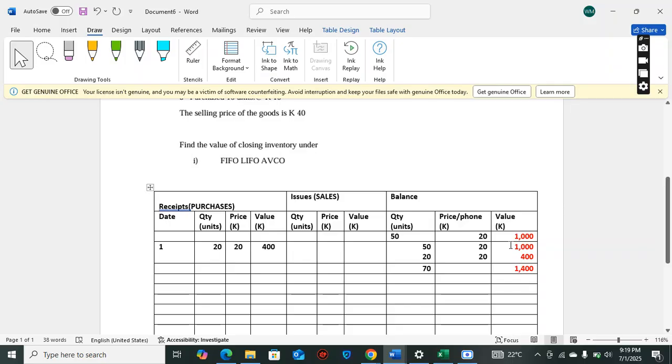Then to get the average cost, the average cost is just the total amount divided by the quantity or the amount of inventory.